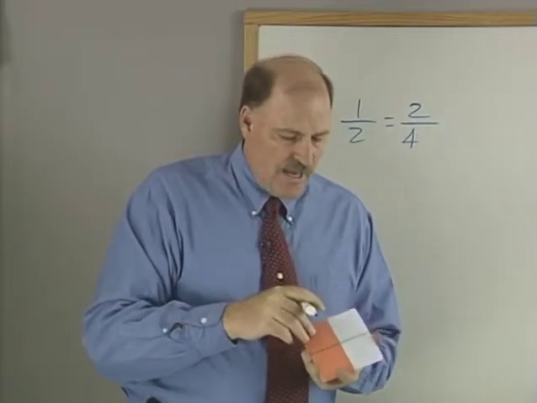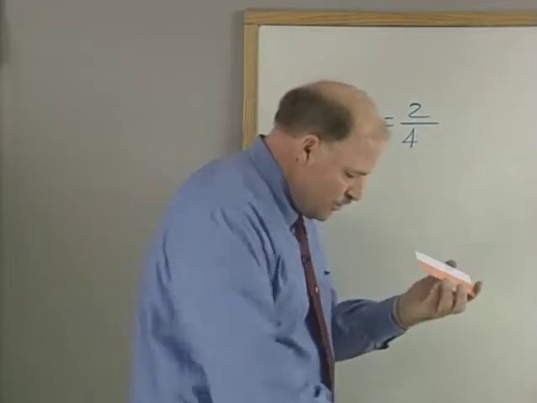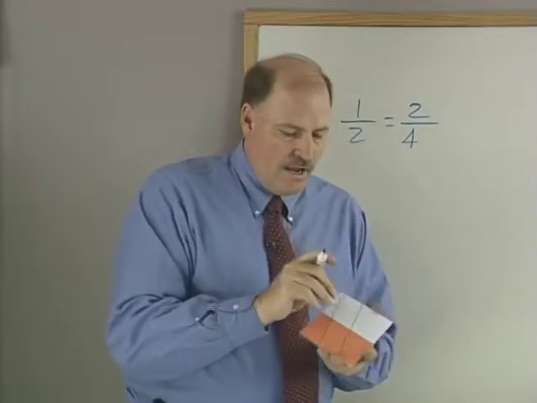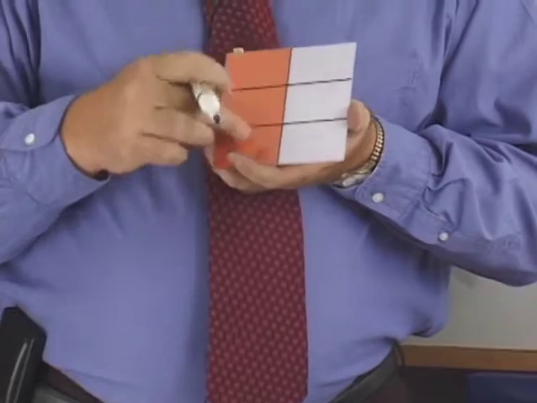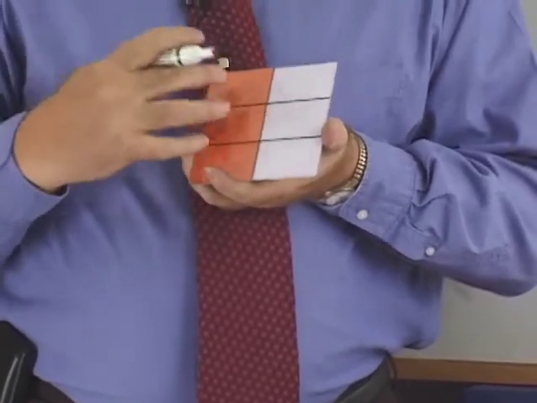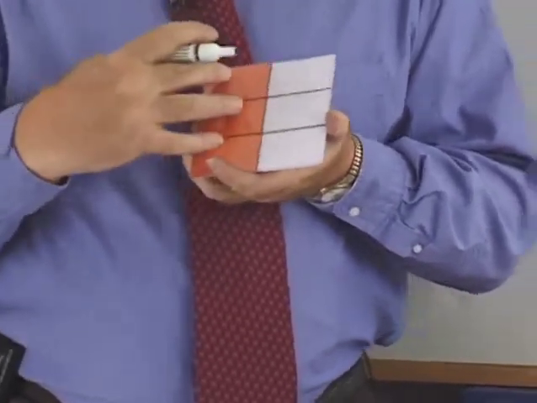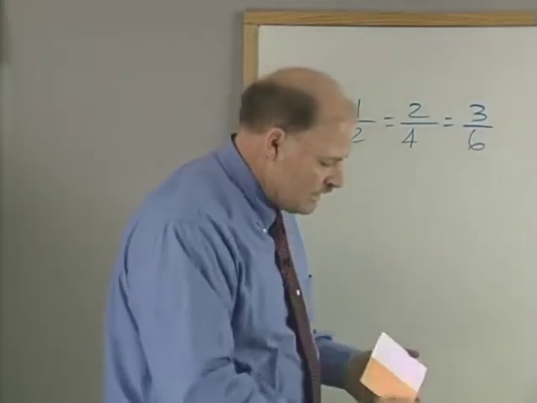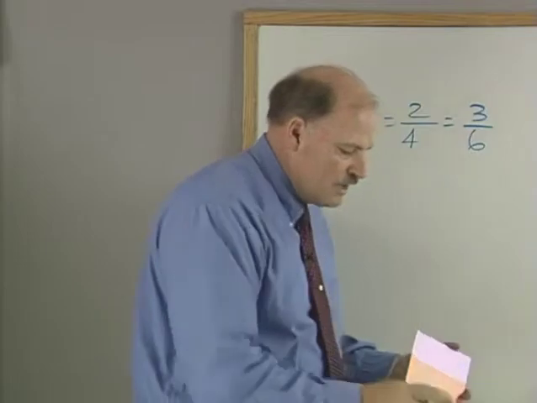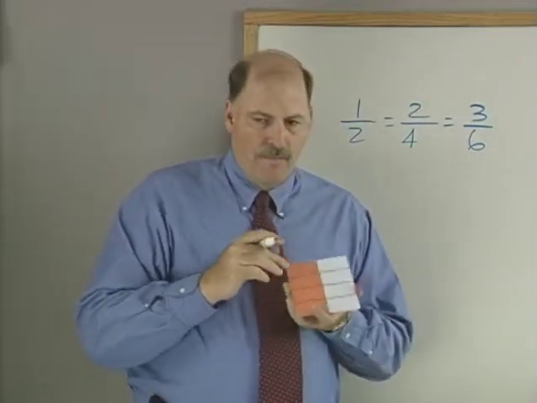Now take this one off and put your third overlay on top of it. And it's 3/6. 1, 2, 3, 4, 5, 6. Or we could skip count, 3, 6. Still the same amount. And now take your 4 overlay and put that on top. 4/8.